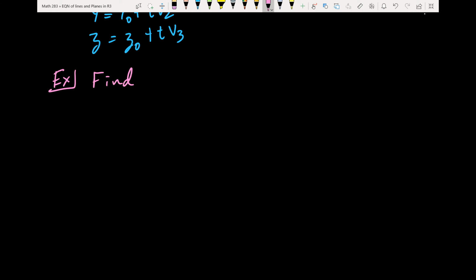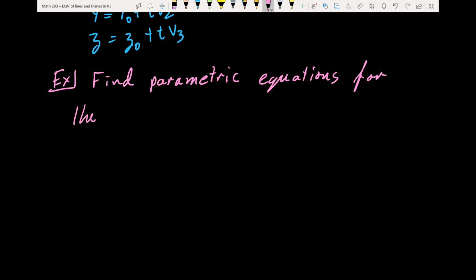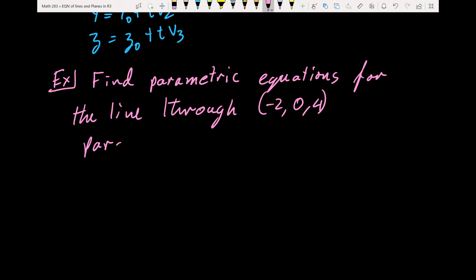Find a parametric equation for the line through negative 2, 0, 4 parallel to this vector v, 2i plus 4j minus 2k.